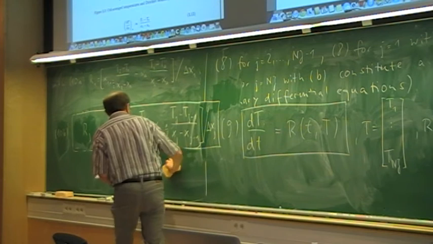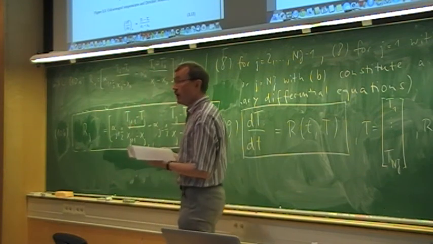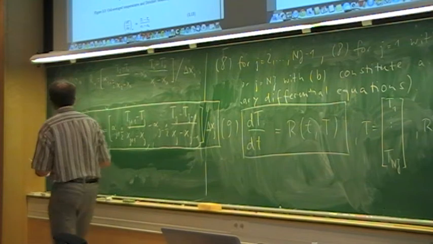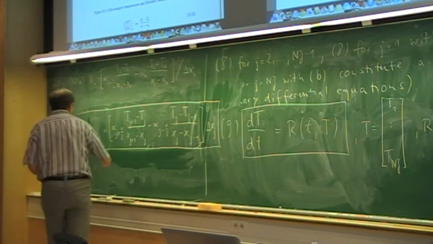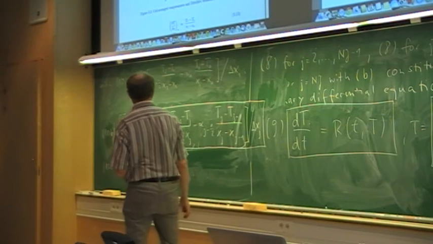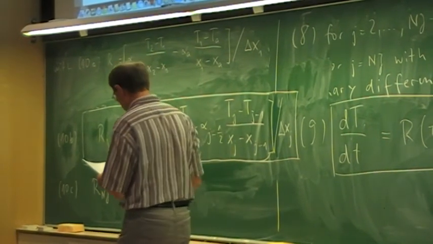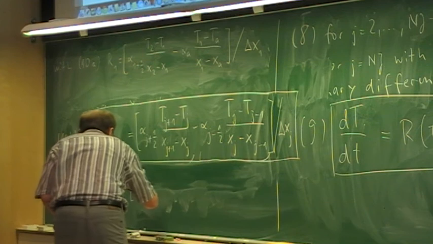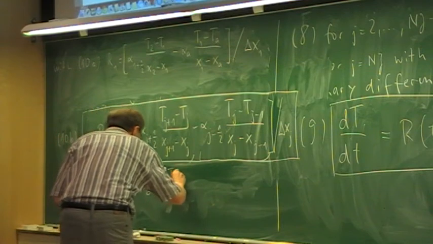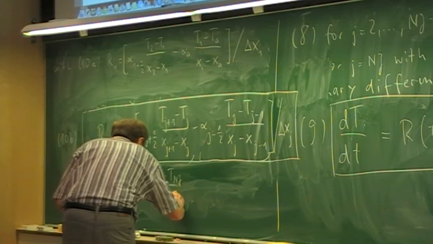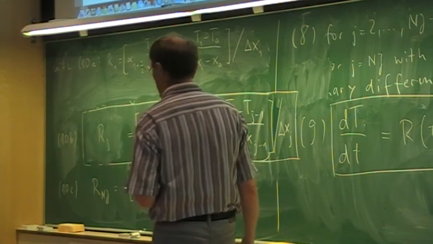So then we have simply the last one left, that is in the last cell. We use a similar expression, but then we have j equal to nj. So that is then the 10c. Rnj is equal to, we make here a similar thing as we did before. However, here we now have to use b. Remember, for the right boundary we cannot use this formula because we don't have a right neighbor to cell nj. So we have the alpha b, and here we have the Tb minus the Tnj divided by xb minus xnj. Minus, and here we can use what we usually use simply for j equal to nj.